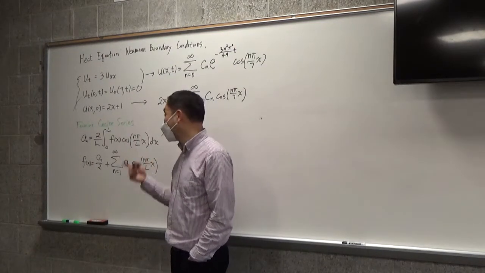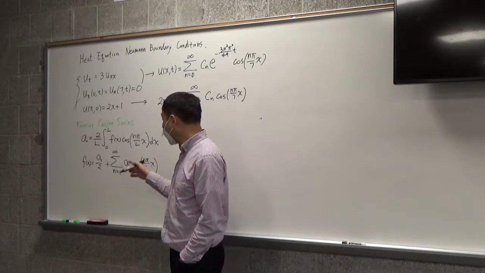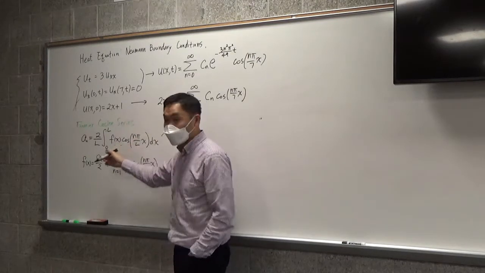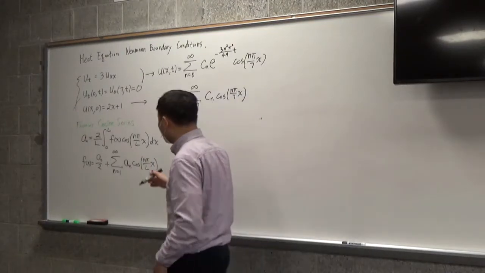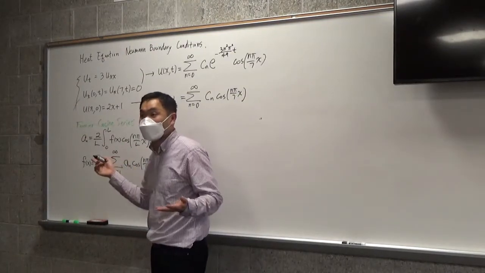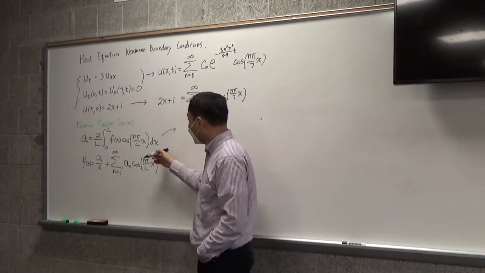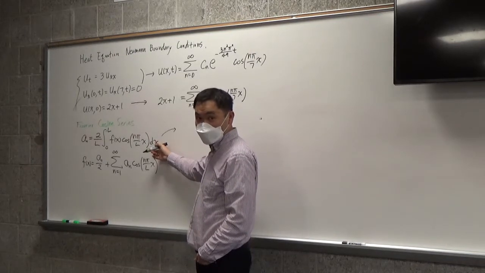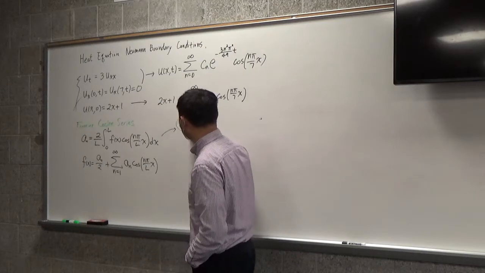So you get a completely different type of integral when n is 0 compared to the other. If n is not 0, then you get a cosine function and you have this 2x plus 1, so you will have to do tabular integration. But if n is 0, you don't have a cosine function, and the way you integrate is totally different. You just have to integrate 2x plus 1. So remember, even if it looks like I wrote a single formula, it's really two formulas written as one. You have to calculate the n equals 0 case separately.